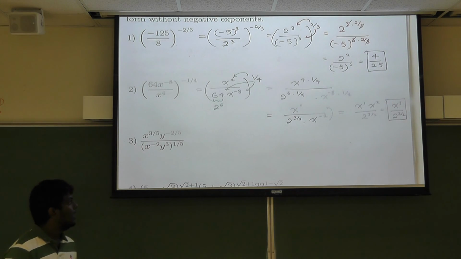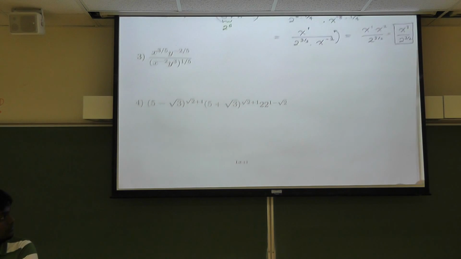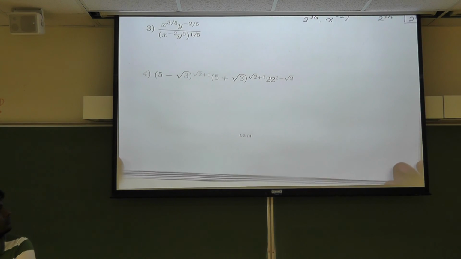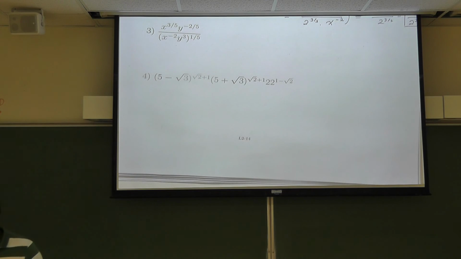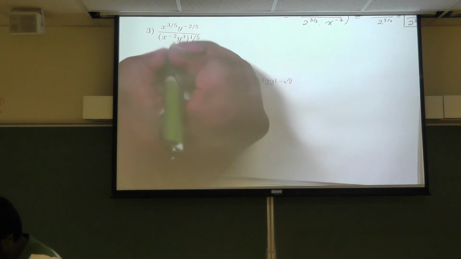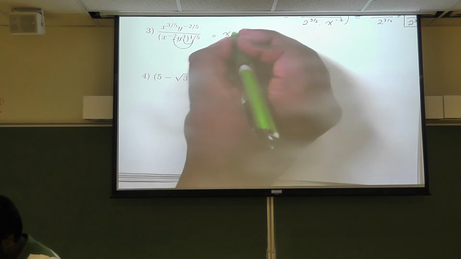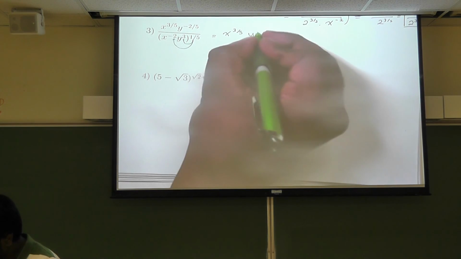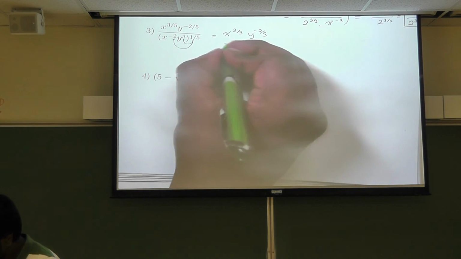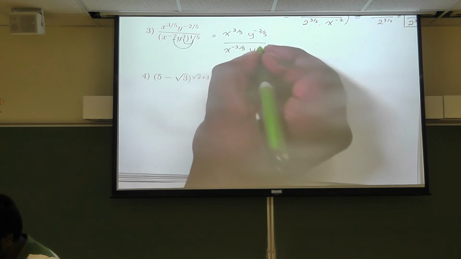Okay. And the last example, there are 2 more examples. So here I would just distribute this 1/5 to these 2 exponents. So I'm going to end up with 3/5 y to the negative 2/5 and x to the negative 2/5 y to the 3/5.